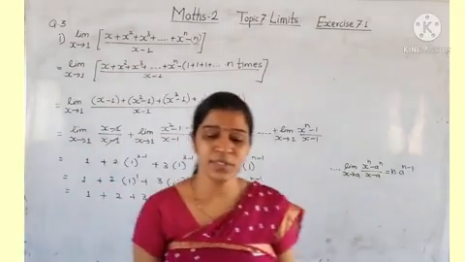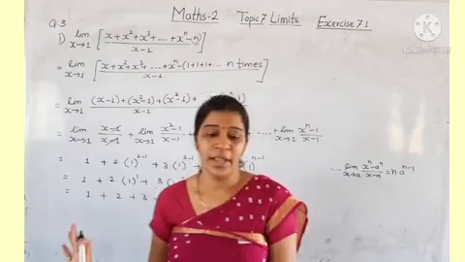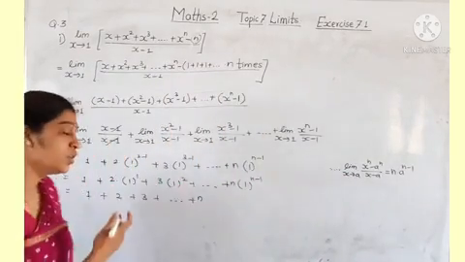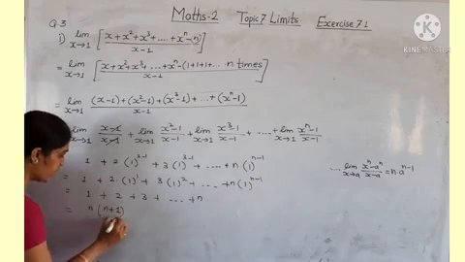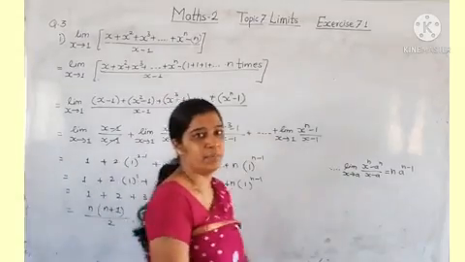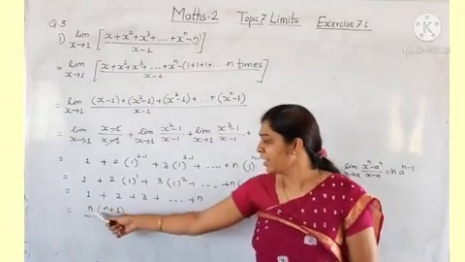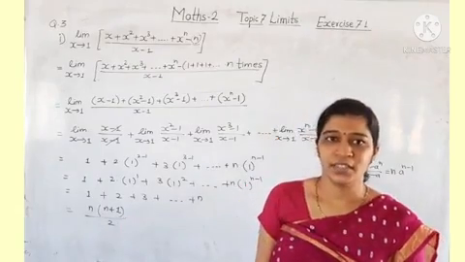Here the answer becomes 1 plus 2 plus 3 plus 4 dot dot dot up to n. And we know the formula for this. What is the formula? Sum of the first n numbers we write as n into bracket n plus 1 upon 2. This is our final answer.